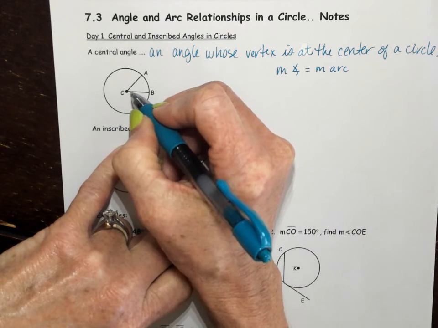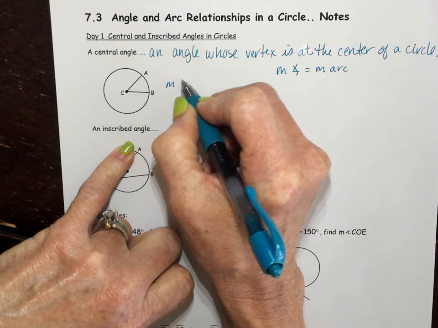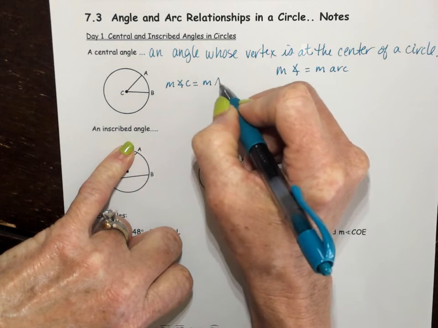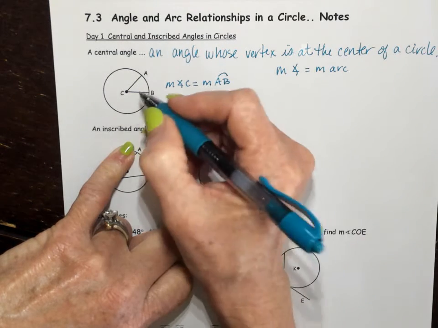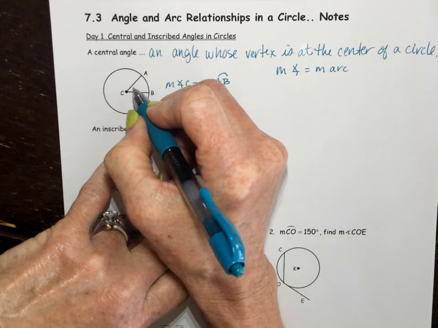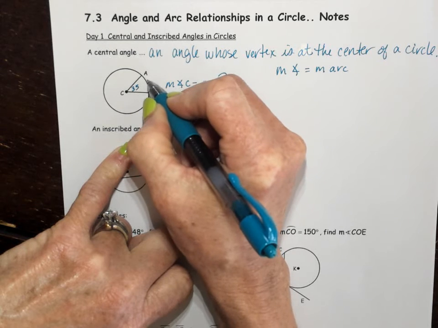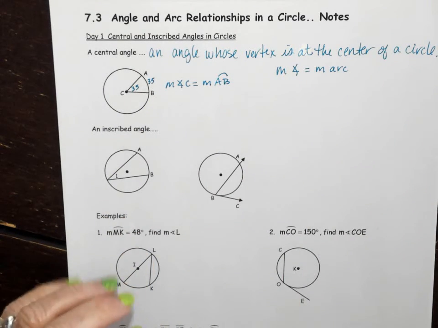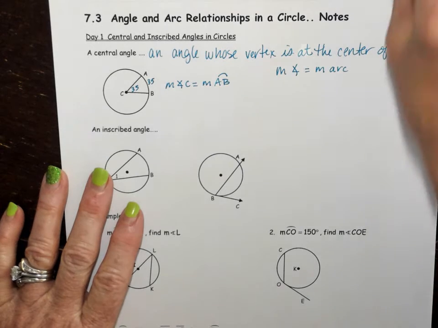So if we have this angle right over here, the measure of angle C is exactly the same as the measure of arc AB. So if angle C is 35, then the measure of arc AB is also 35. For central angles, those are the easiest ones. The measure of the angle is exactly the same as the measure of the arc.